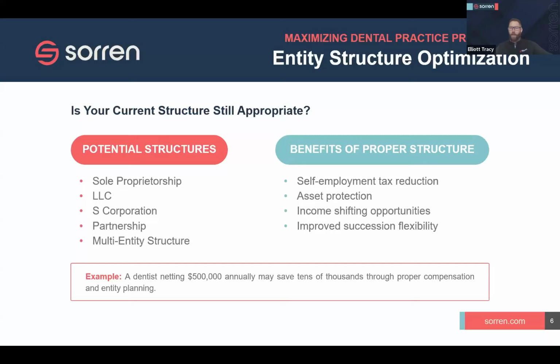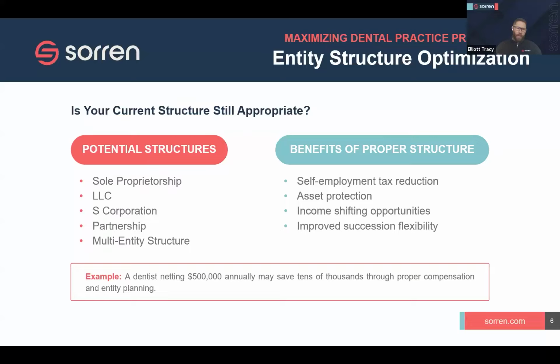You might be looking at different types of LLCs for asset protection. Some of these multi-entity structures are able to move income to different entities. But really, having the proper structure is going to optimize what the succession plan is generally going to look like, and how we're efficiently using dollars today.